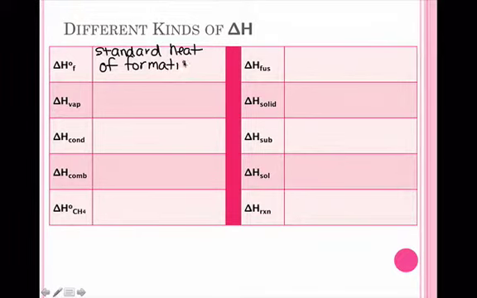And that's when we're talking about heats of formation, and that's from the elements that make up that compound. So the delta H for this is the heat of vaporization. Then if we remember, vaporization is when you go from a liquid to a gas.